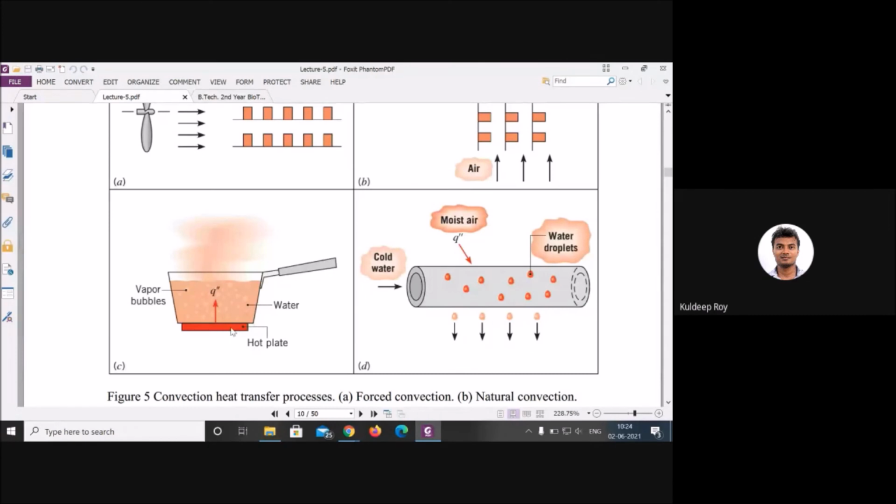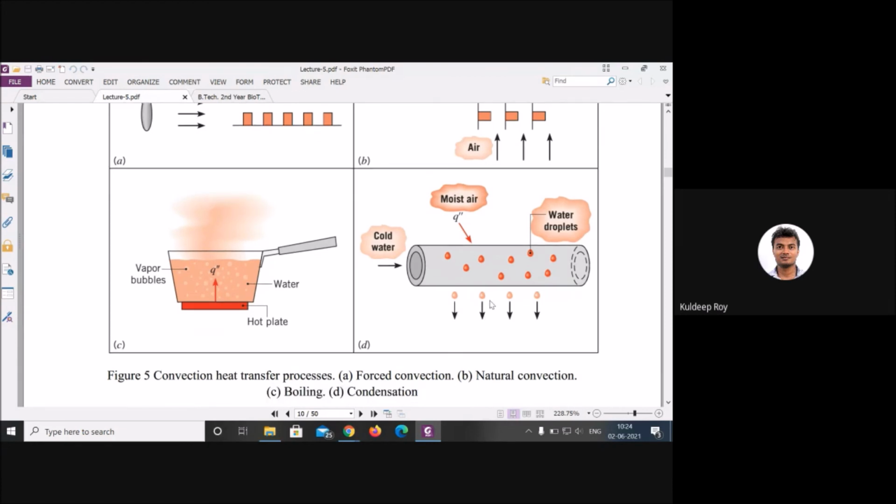Now here, boiling as well. When you apply some kind of heat around the surface, conduction will occur. Then the bubble will form and transfer the heat in the upward direction. This is called condensation: you apply some kind of cold air from inside the tube. What will happen?